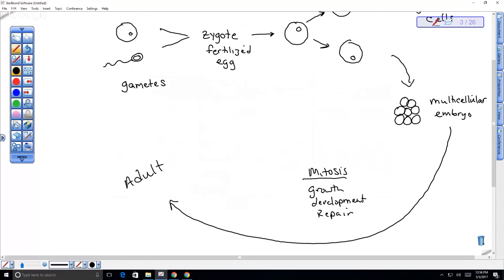Now, in the adult, we have specialized cells which are called germline cells. Think about that as a line, the lineage. This is your reproductive lineage. This is your passing on your genes, right? So the germline cells are cells that are going to give rise to the egg and the sperm.